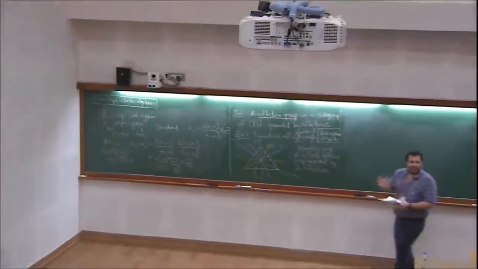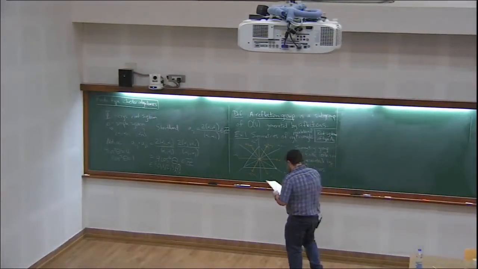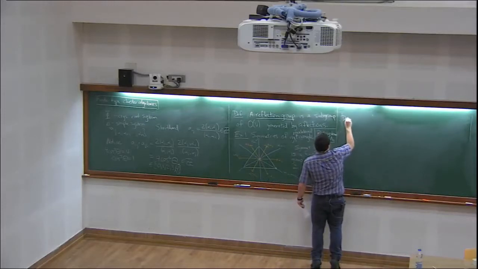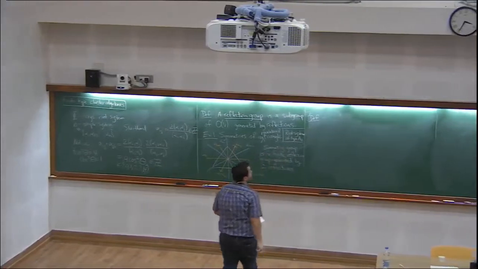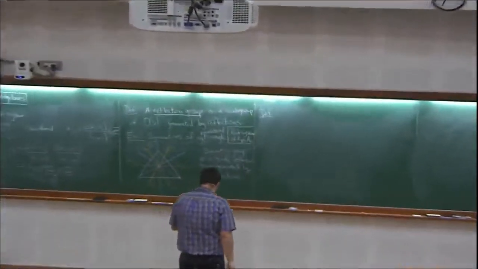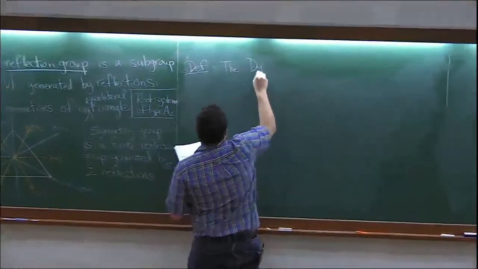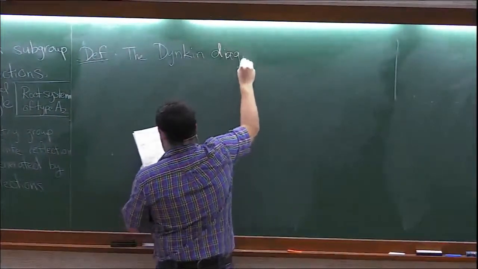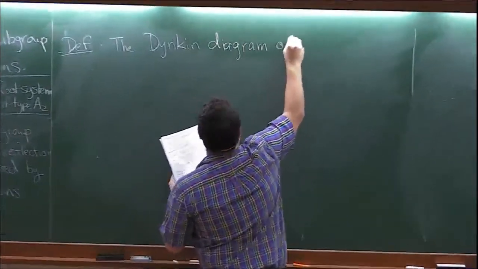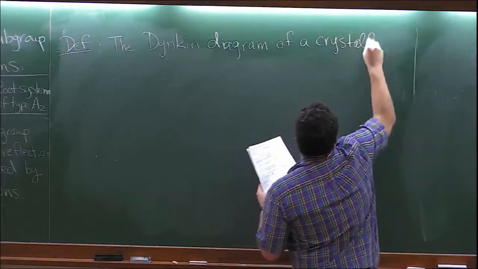When I say what the edges are, it'll be clear. Okay, good. So let me tell you the definition of Dynkin diagram. The Dynkin diagram of a crystallographic root system.